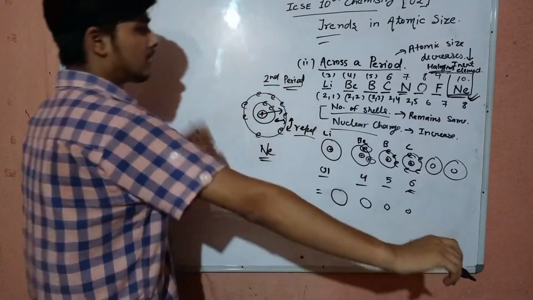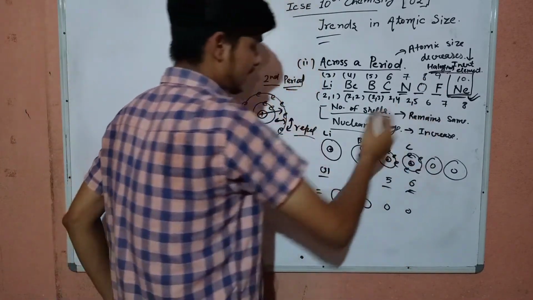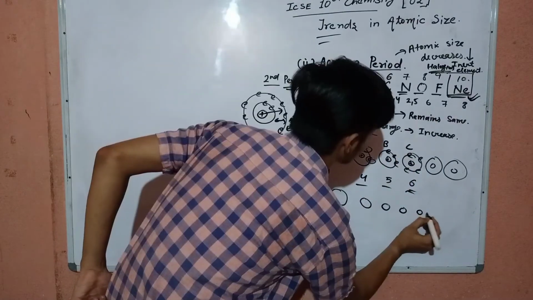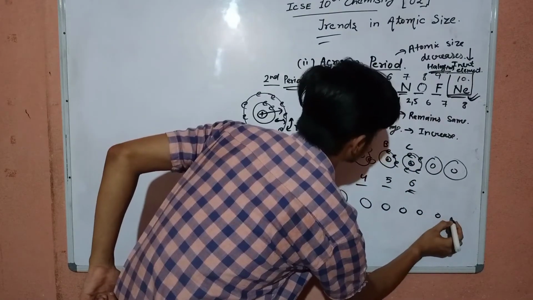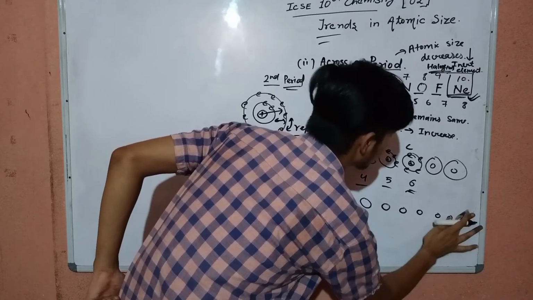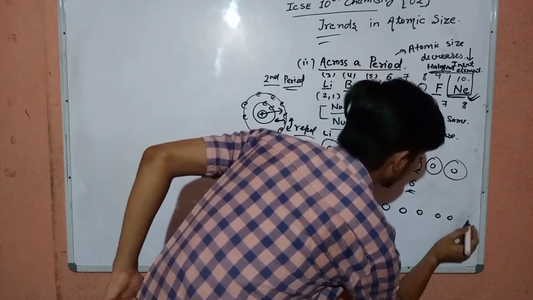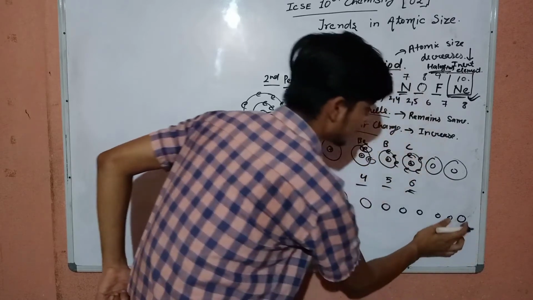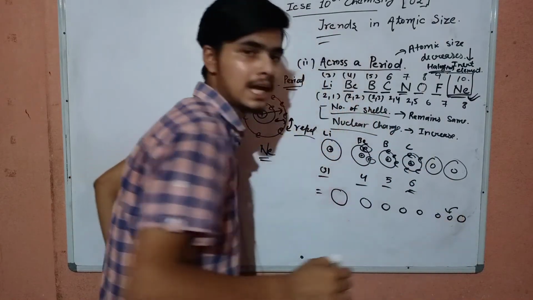So if I draw the size of these atoms, then hydrogen, this is oxygen, this is fluorine, and this is neon. It would not be much bigger, but it will be bigger than the halogens.